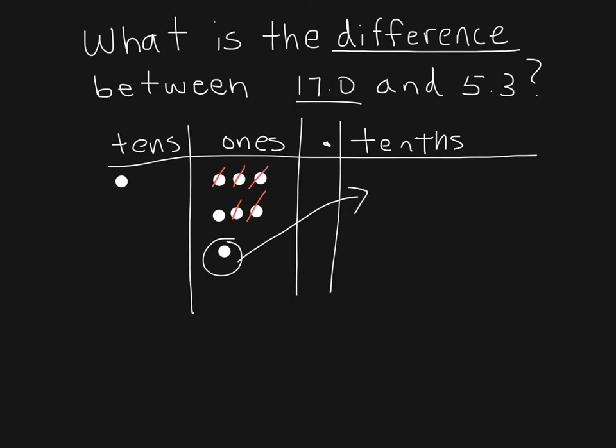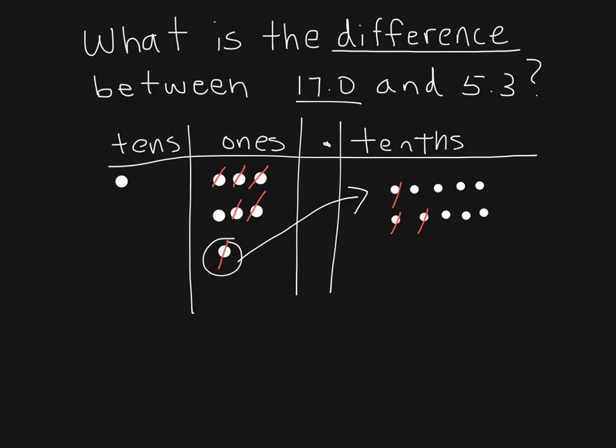And now I've got 10 tenths. 1, 2, 3, 4, 5, 6, 7, 8, 9, 10. And I can cross off 3 of those. 1, 2, 3. Okay? And I'm going to just put an X through that one because I moved it away so I don't get confused.